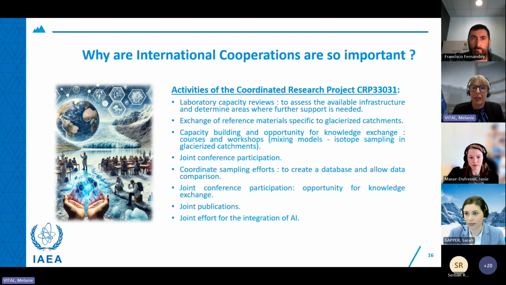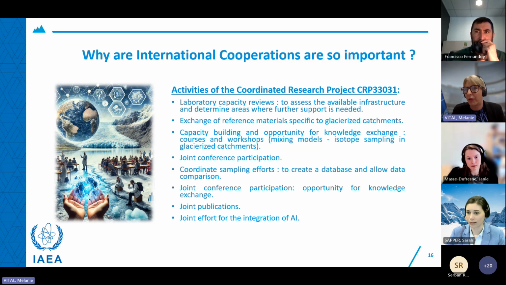The idea of working all together is that first we can make a laboratory capacity review, and assess the infrastructure available in each laboratory and support each other, for example through exchange of analysis between laboratories. We can also exchange reference material specific for glacierized catchments. This is also an opportunity for capacity building.